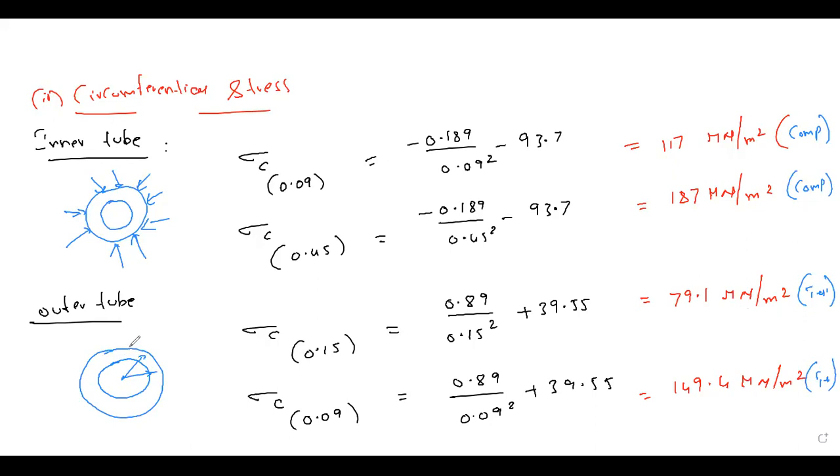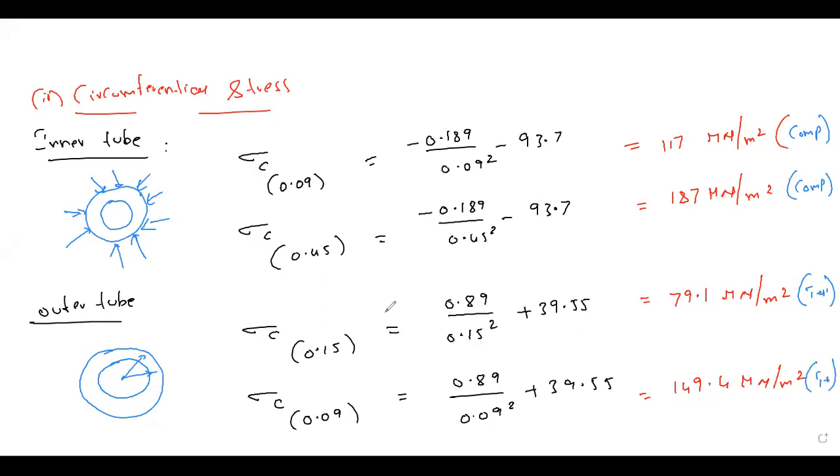Because of the pressure developing at the junction, the inner tube will develop compressive stresses and the outer tube will develop tensile stresses in the total cylinder. So this is what the problem asked, and we have solved that.